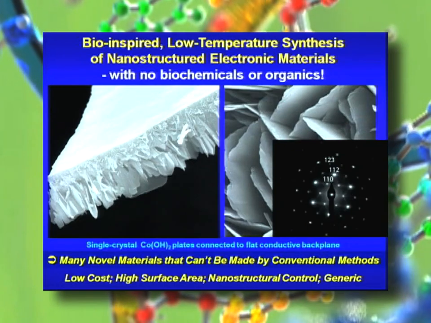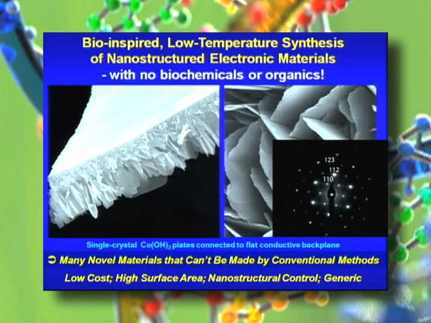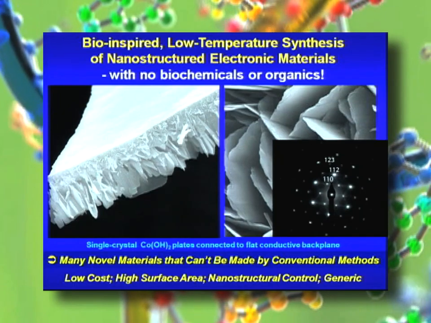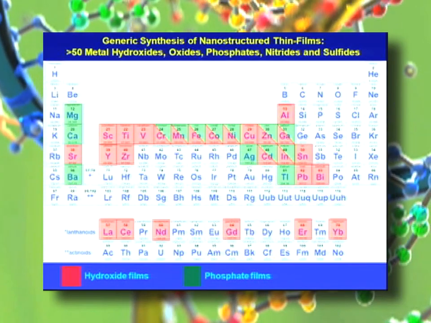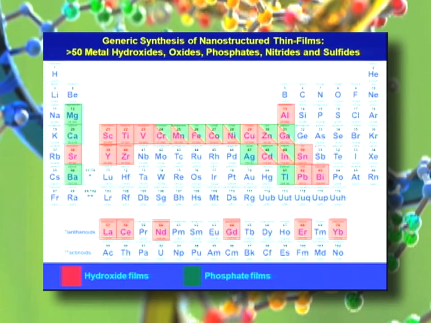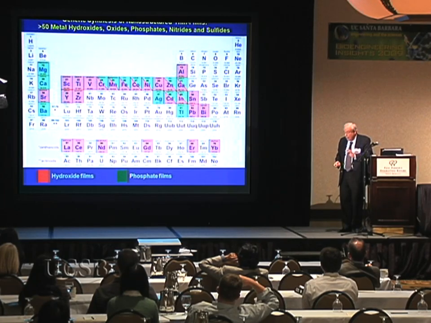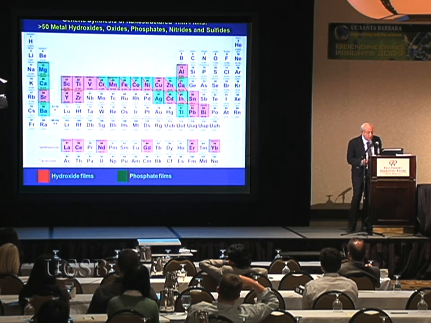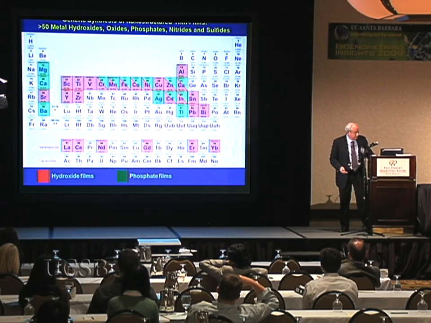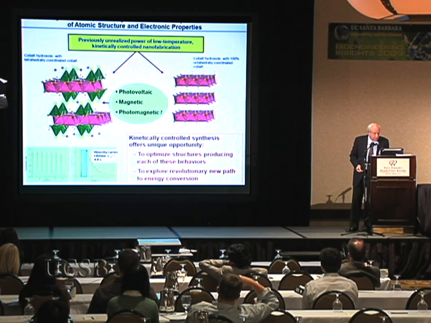The method is relatively low cost and provides a generic method that we have used now for making more than 50 different nanostructured thin films or nanoparticles of metal oxides, hydroxides, or phosphates, and converting many of these post-synthesis through metathesis reactions to structure-conserving nitrides or sulfides. Again, families of valuable semiconductors.